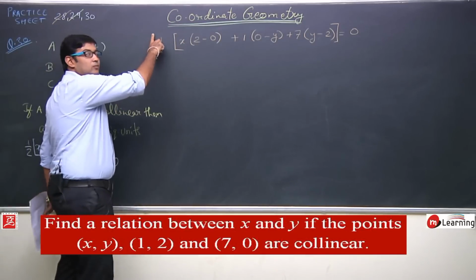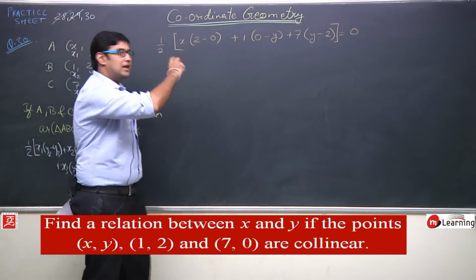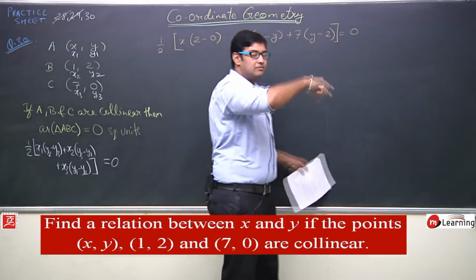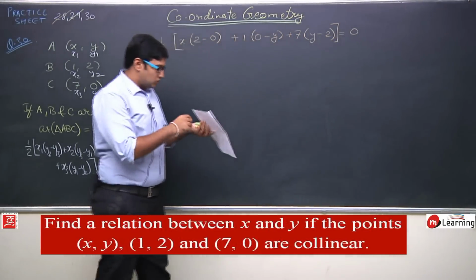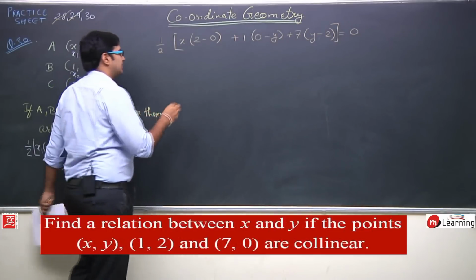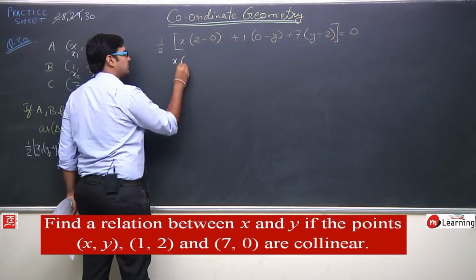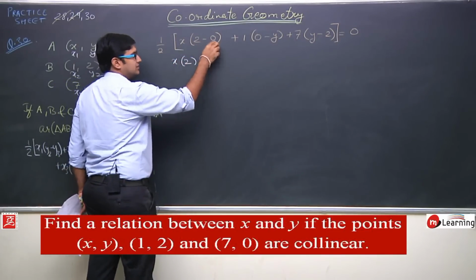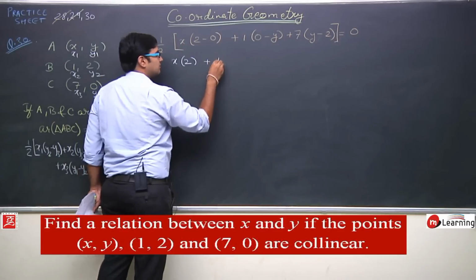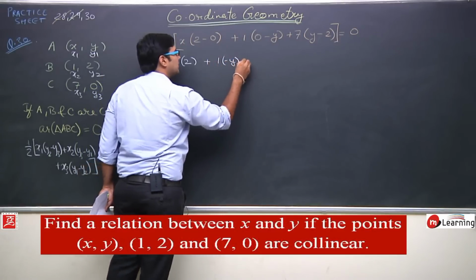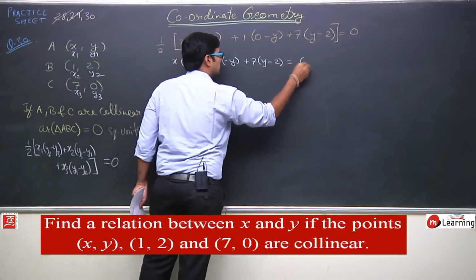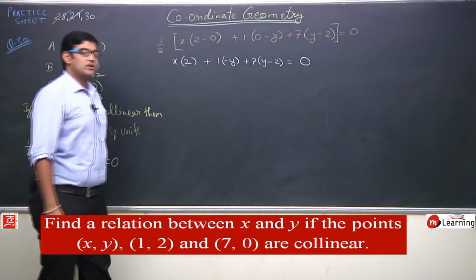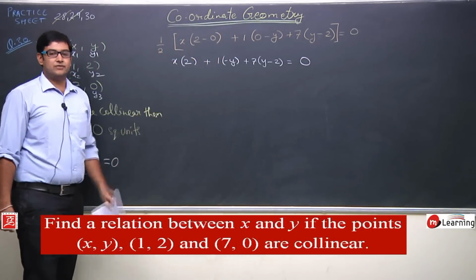Now this 1 upon 2 when shifted from LHS to RHS will get multiplied to this 0 and it will be eliminated. So simply we will be left with x in the bracket 2 minus 0, which is 2, plus 1 into minus y, plus 7 into y minus 2, equal to 0. This is the condition we are left with.